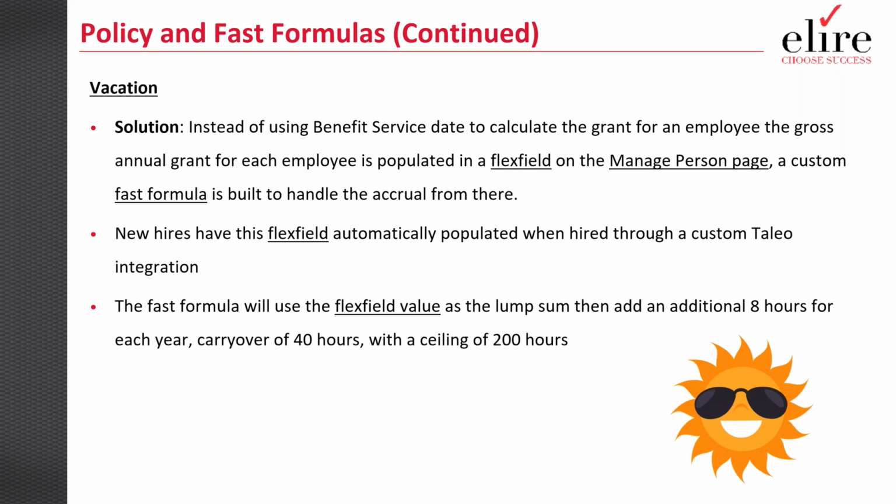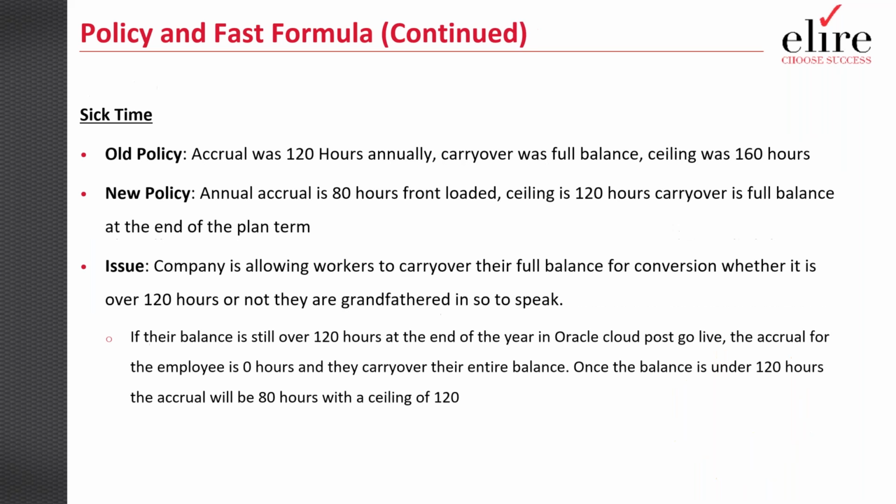So they get their annual accrual, and then the formula does an extra calculation and gives them their additional absence as well. And then the carryover and the ceiling are calculated within the formula. And then real quick, I'll talk about the vacation policy as well, the sick policy as well.